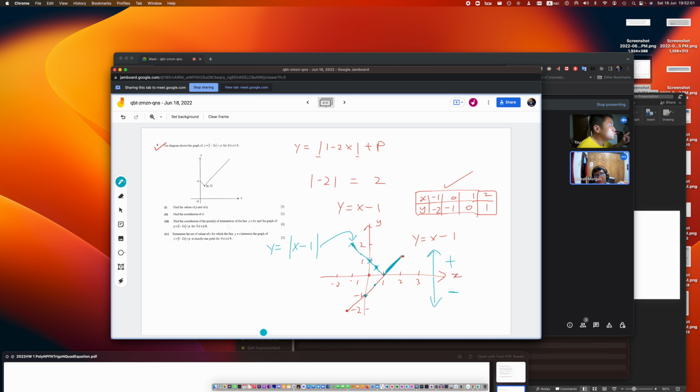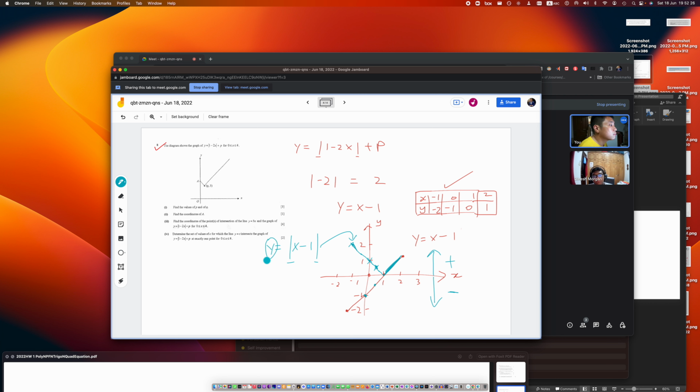You were asking, hey, I thought the modular sign will make things negative from positive. So what about this negative region of x here? Now the question is, the modular sign only affects the value of y.